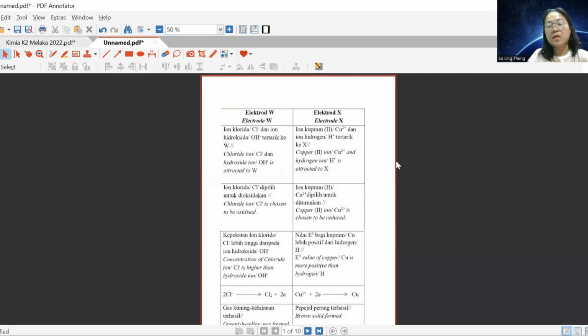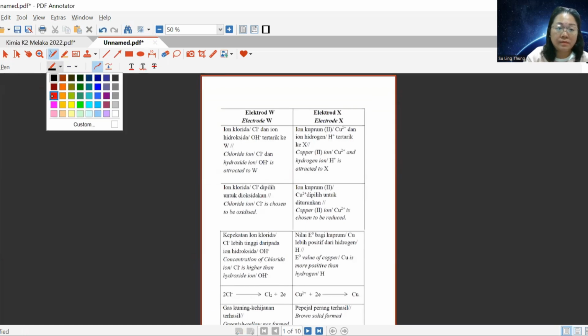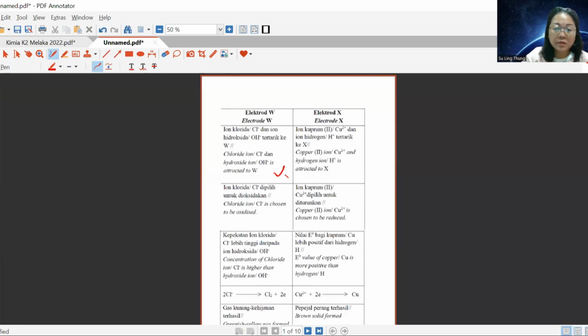Now, normally we will tabulate it so that it looks more organized and systematic and easier to read. So this one will be the first one, this one will be the second one. Then you are asked to choose which particular ion will be chosen. So in W, Cl minus will be chosen.